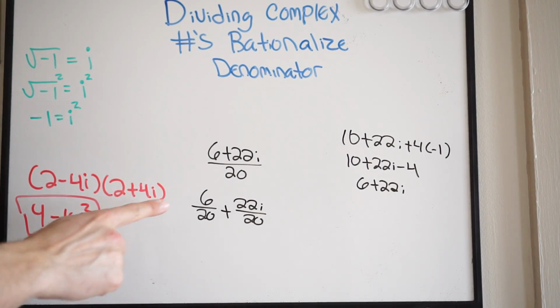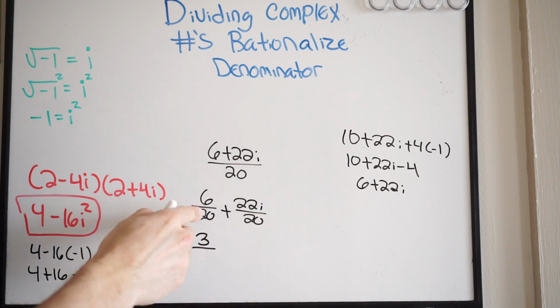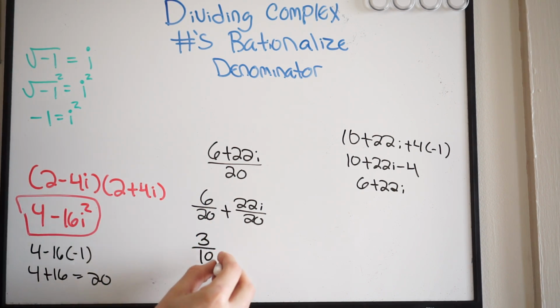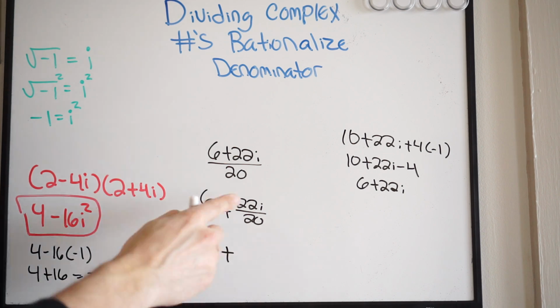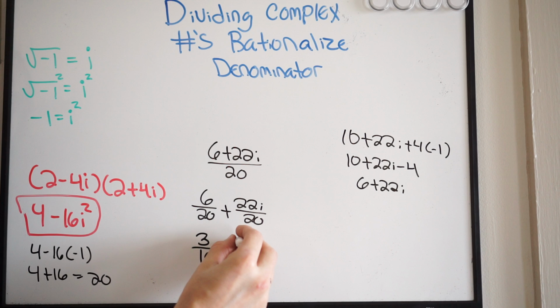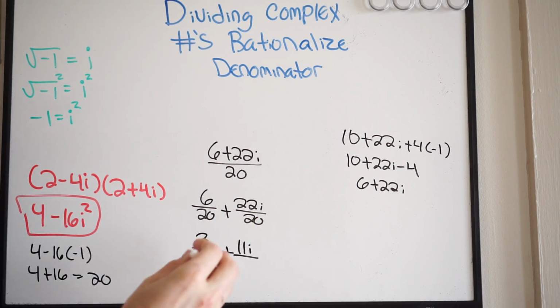And now let's just simply reduce here. So we know that 2 goes into 6 3 times. We know that 2 goes into 20, that's 10 times. And here we know that 2 goes into 22 11 times. And 2 goes into 20 10 times.